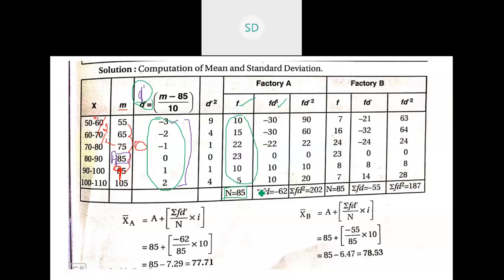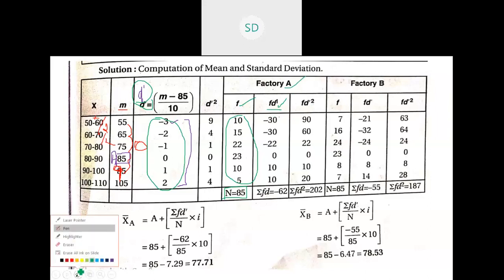Once we multiply them, minus 3 into 10 is minus 30, minus 2 into 15 is minus 30, minus 1 into 22 is minus 22, 0 into 23 is 0. Like this we are supposed to multiply both the columns to find the value of fd dash. So this is step 2 for factory A.